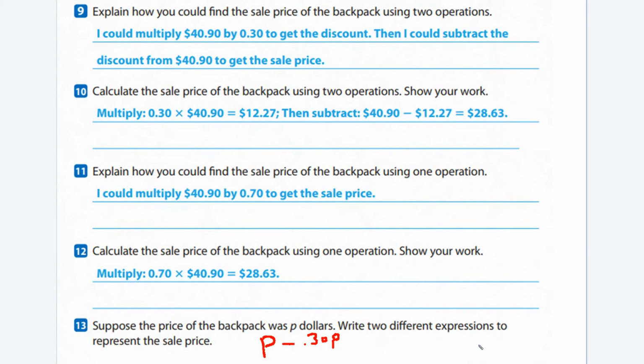The second one, I'll use a different color. You would pay 70%. So you pay 70% of the price. And remember, they said P dollars. There it is. I would pause this video and recheck it if you need to check your work again, or I would go backwards. You can always go back and see exactly how we got our solution.